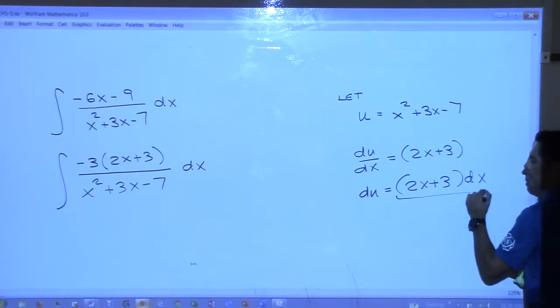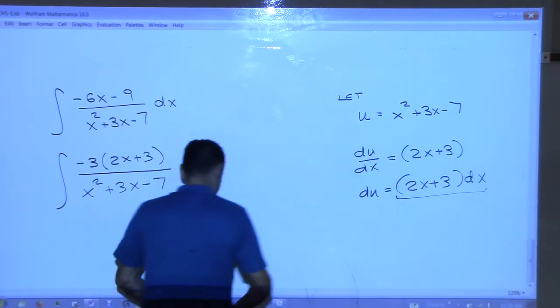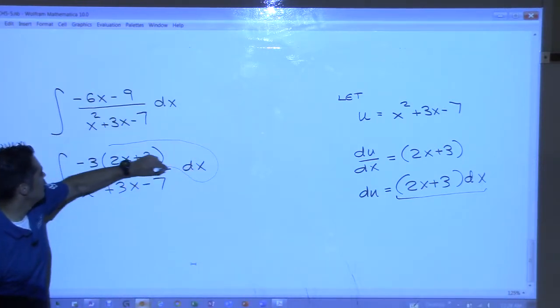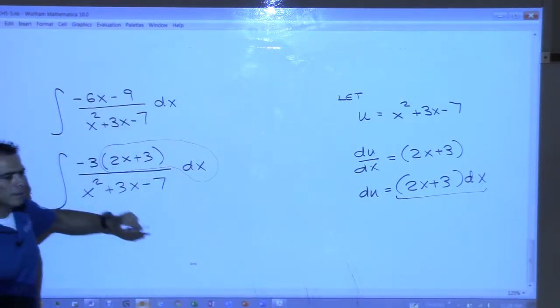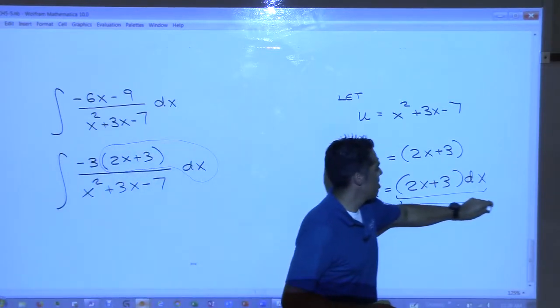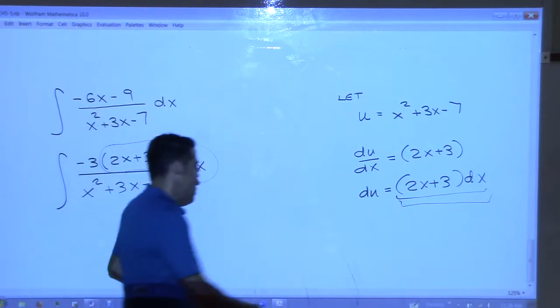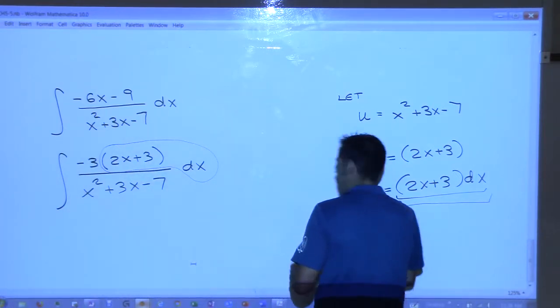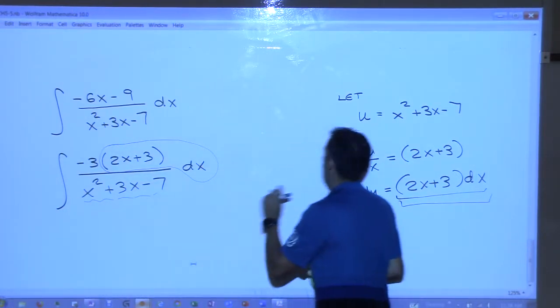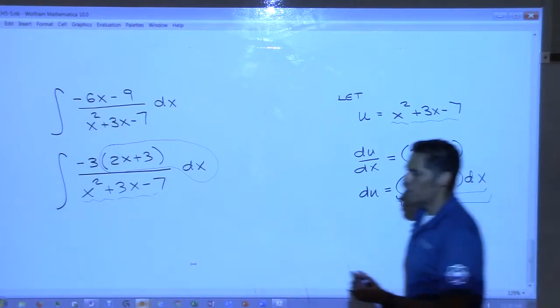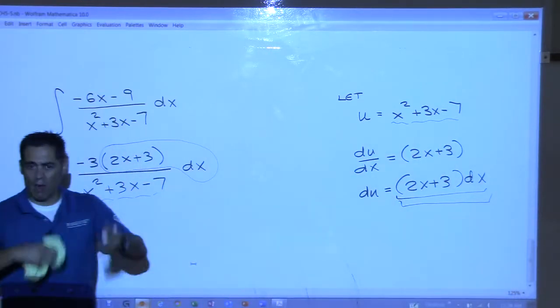This part right here is du, and the part on the bottom is our u. And what about that constant, that negative 3? Just leave it there, because remember, constants always come for the ride.